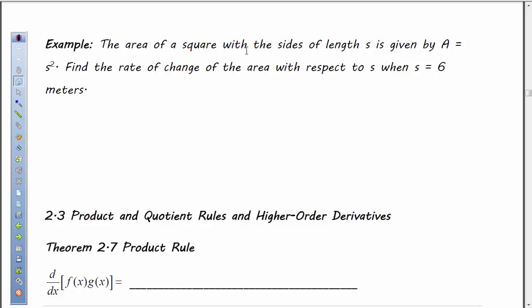The area of a square with sides of length s is given by A equals s squared. Find the rate of change of the area with respect to s when s equals 6 meters. Okay, so we've got a formula for area.